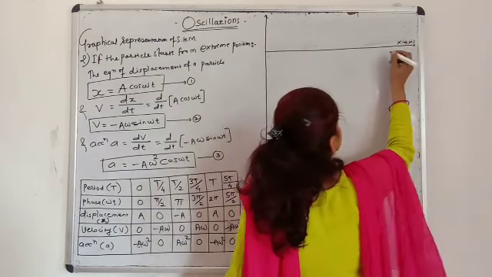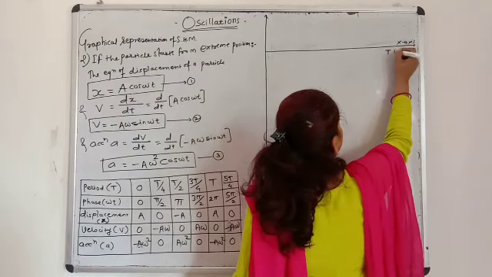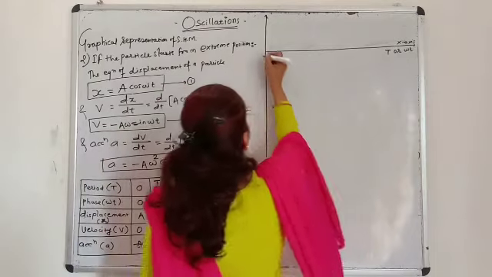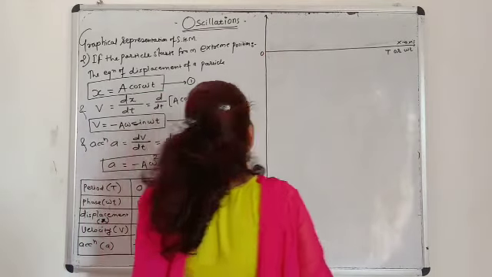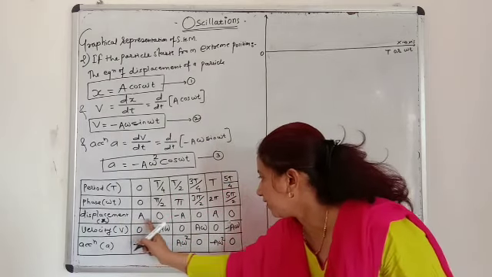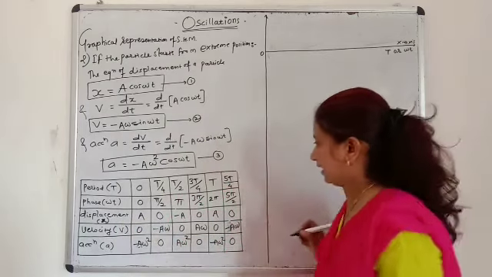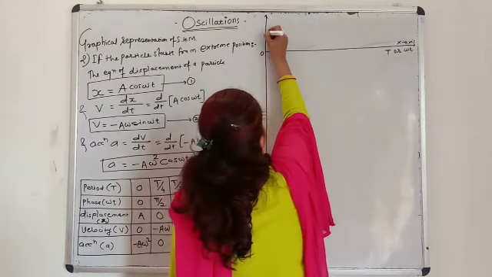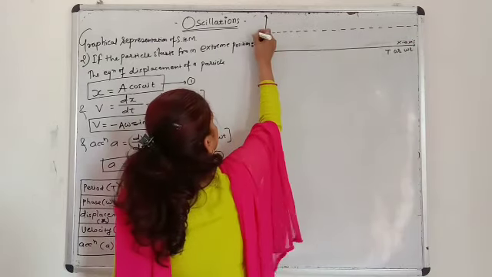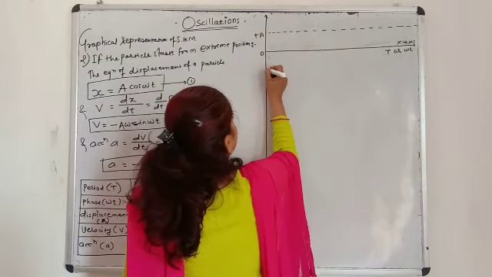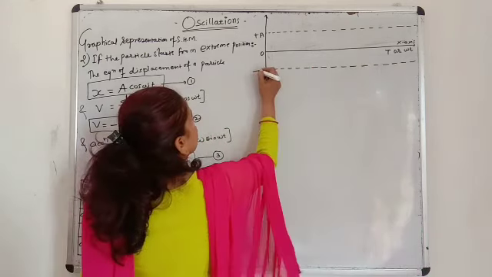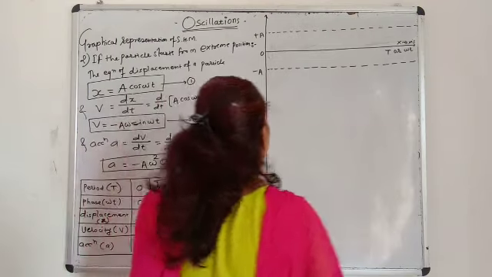Along that x-axis we take either time or phase omega t. This is the mean position. Here the displacement is varying from plus a to minus a. So for the positive cycle we take plus a, and this is the negative cycle, minus a.